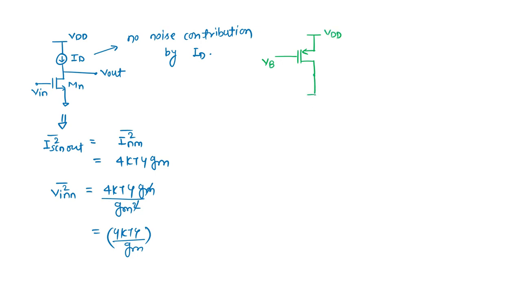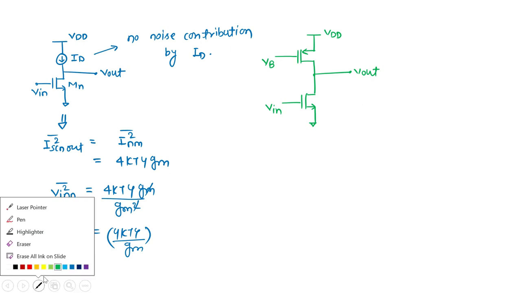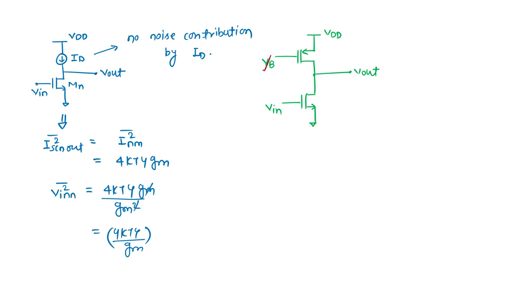For the noise analysis of this circuit, we'll again calculate the short circuit noise current at the output. I'm just telling this in short. What are the steps we have to take? First, we make these nodes zero, which means AC short, because noise is nothing but a signal parameter.